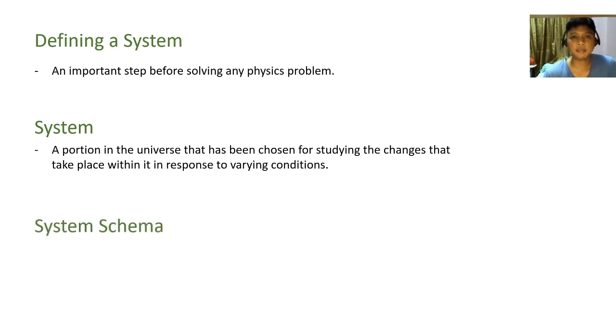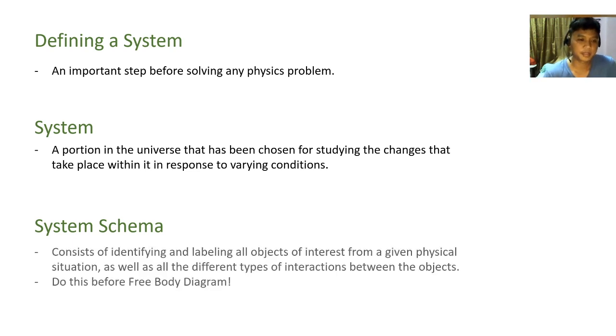So a system schema is a way of being able to define your system. A system schema consists of identifying and labeling all objects of interest from a given physical situation, as well as all the different types of interactions between the objects. You do this before you create the free body diagram.